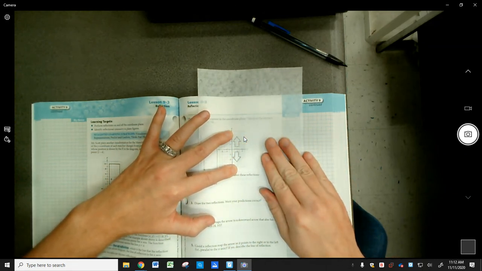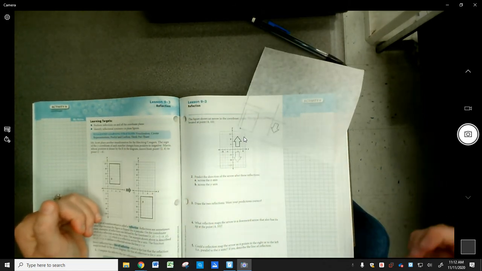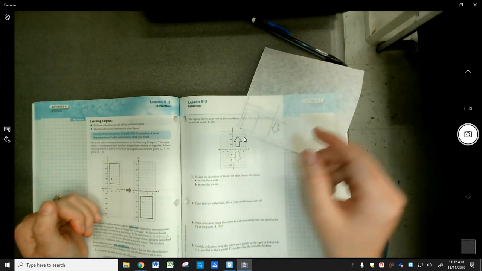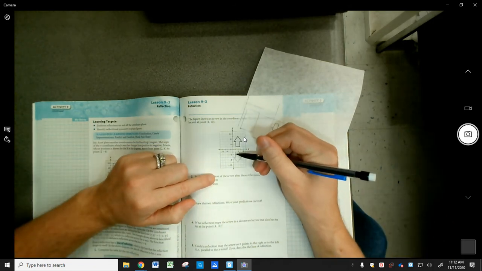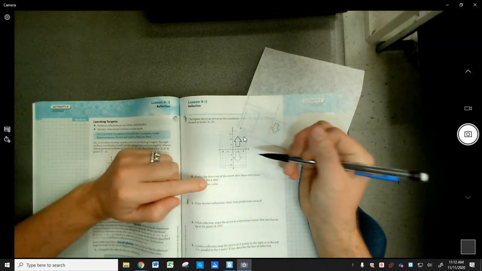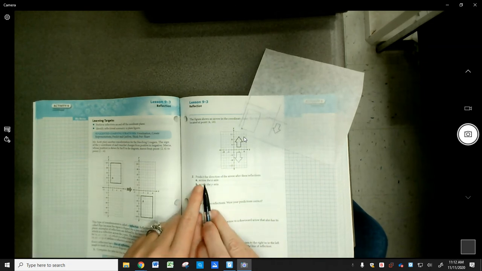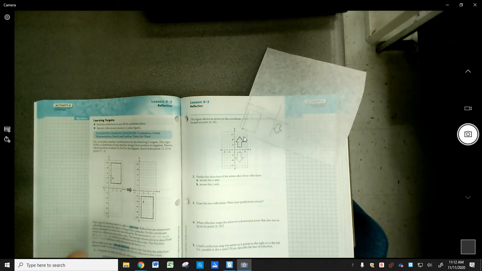You could use a penny or a coin in the same way. And then when you move it, do you see how your arrow is on your figure? Depending on how hard you press down to transfer the lead, you may have to go back over the figure, but it should give you at least a rough idea as to where your arrow needs to go. So when we flipped it across the x-axis, it is pointing down. So hopefully you had the right idea there.